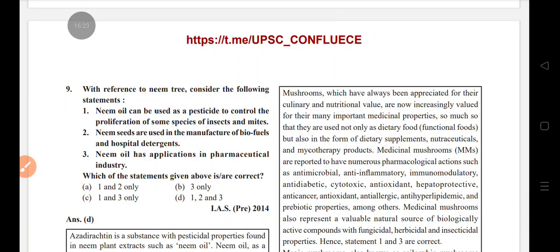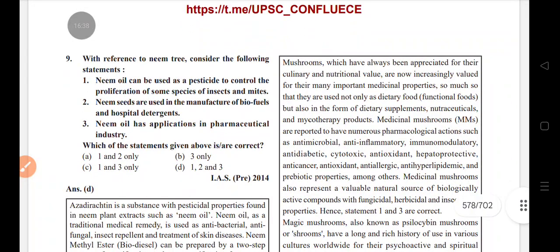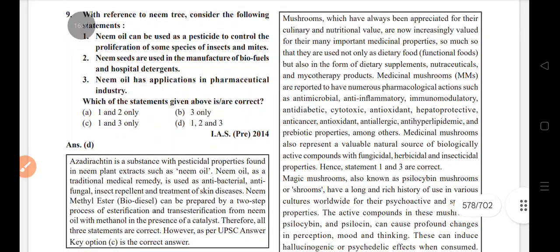Neem oil can be used as a pesticide to control the proliferation of some species of insects and mites. Neem seeds are used in the manufacture of biofuels and hospital detergent. Neem oil has applications in pharmaceutical industry.